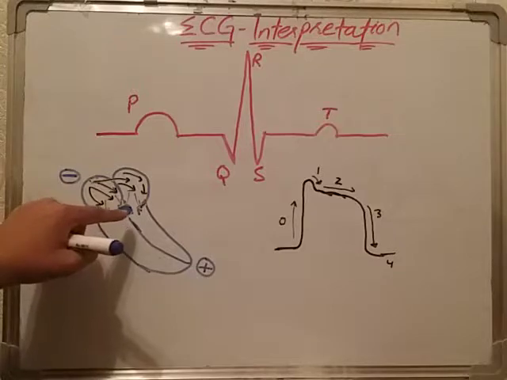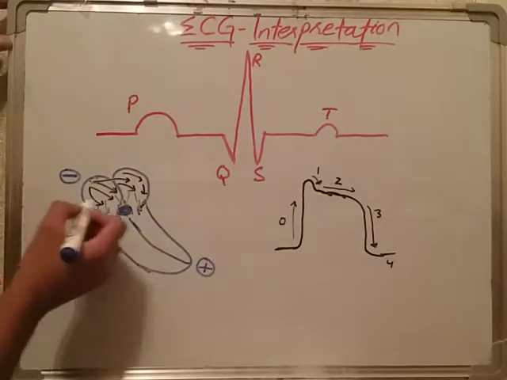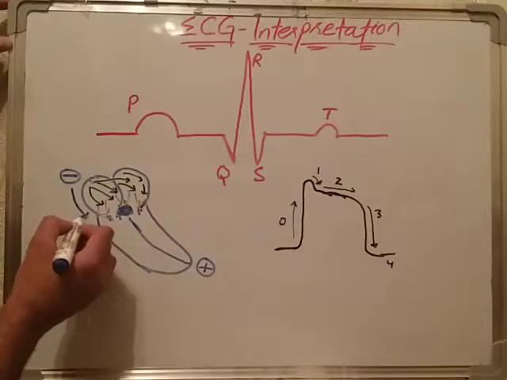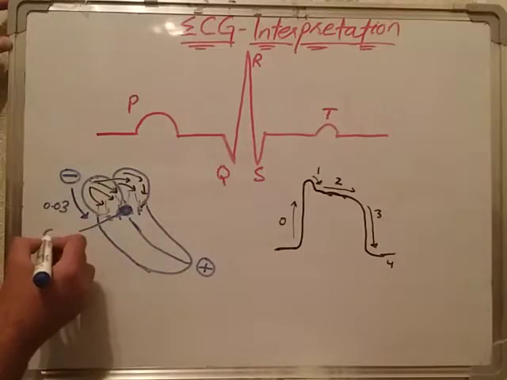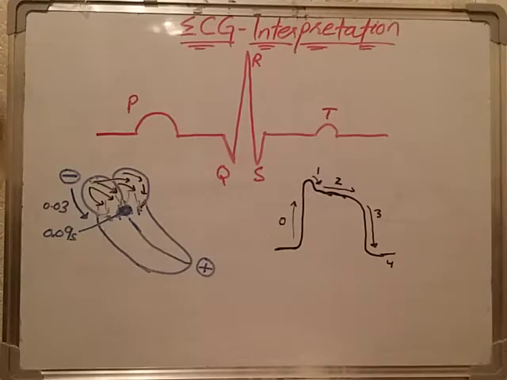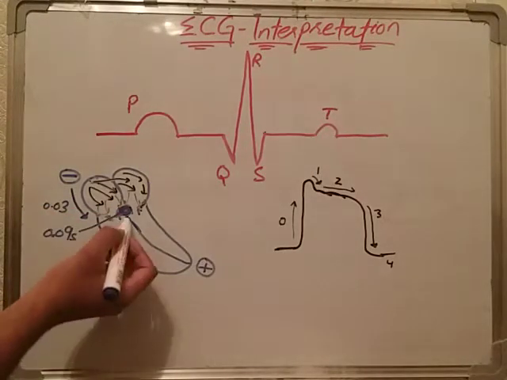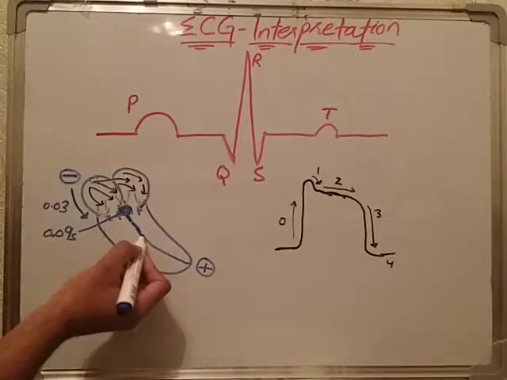So here the impulses stay for a short time. The time taken by the impulses to reach here is 0.03, and here they will stay for 0.09 seconds. After this, the depolarization moves to the bundle of His, and it gives off the left and right bundles.